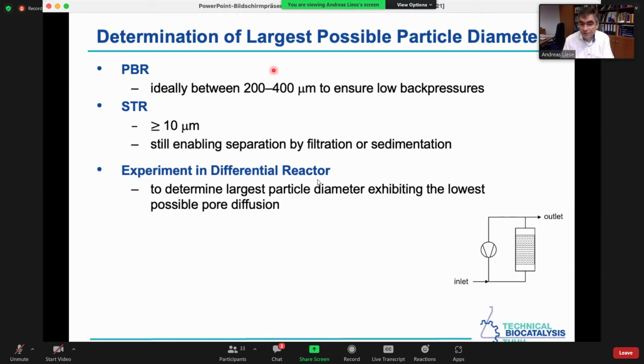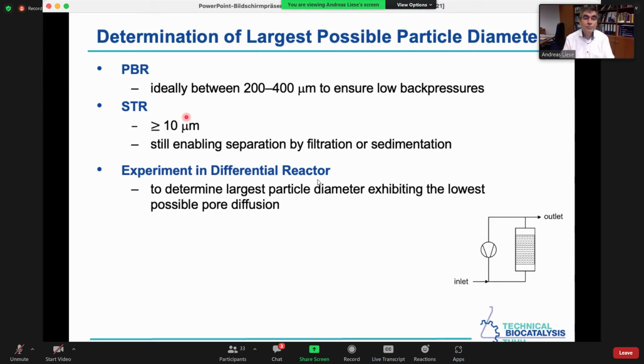In a stirred tank reactor, where we are standing on a surfboard and moving with the particles at the stirrer speed, you always normally use very small particles, because there the diffusion limitation, as already discussed today, is much higher. Therefore, we want the smallest particle possible that we can still separate by filtration afterwards.